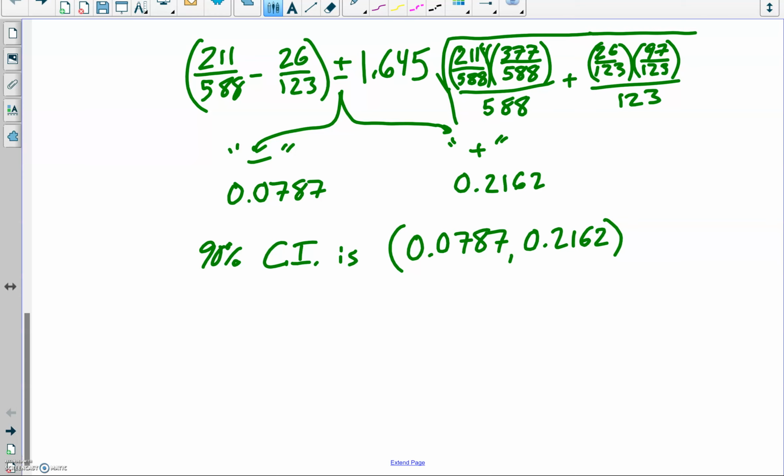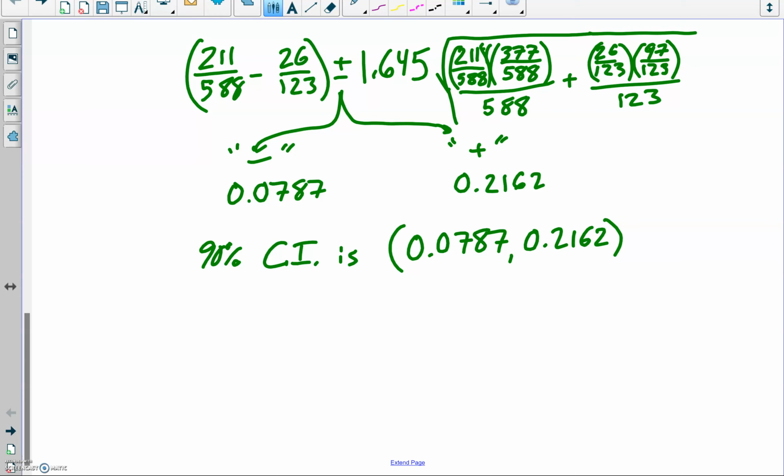And looking at this, what this tells me is that if I were to do many samples in the same way from the Mediterranean and Atlantic, looking at the parasites in Brill and make proportions, I would expect that if I'm doing a 90% confidence interval, let's say 90 out of 100 would capture the true value.